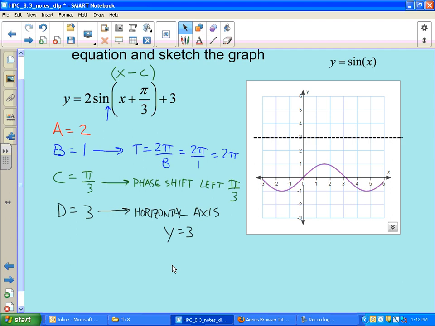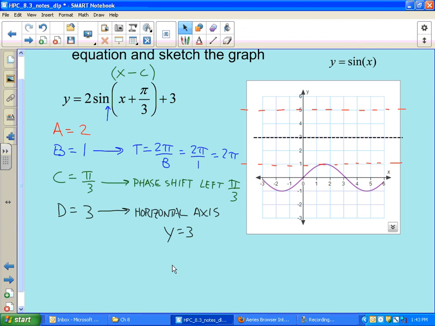Because it's the amplitude. So the axis line defines how it's above or below. I'm going to go above 2, which means I'm going to max out at a height or a y value of 3. And I'm going to go below 2, which means I'm going to minimize at a value of 1. So in between those 2 red lines is where my graph is going to reside. Can't go above, can't go below that. Always going to be sitting in between.